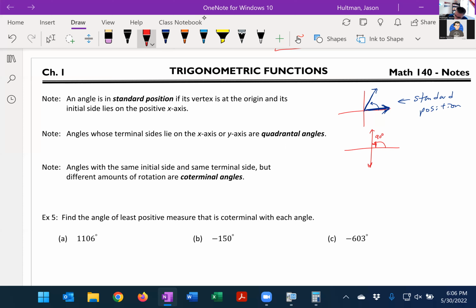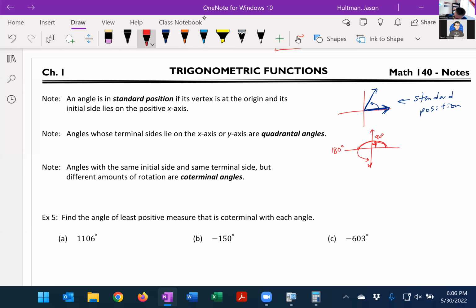If it goes to the x-axis, that's a straight angle, and so that's 180 degrees. If it goes past 180 to the y-axis again, that's 270.